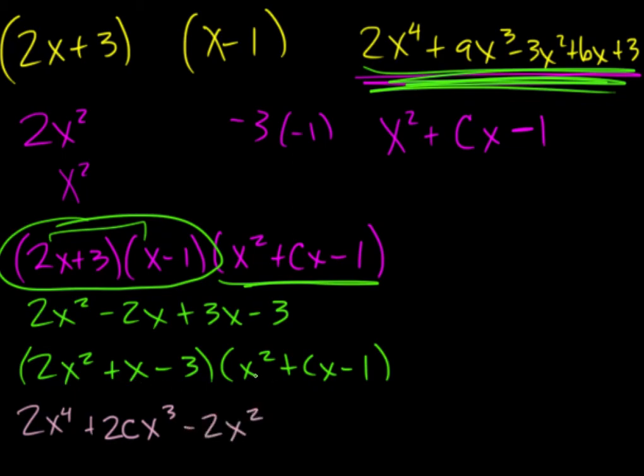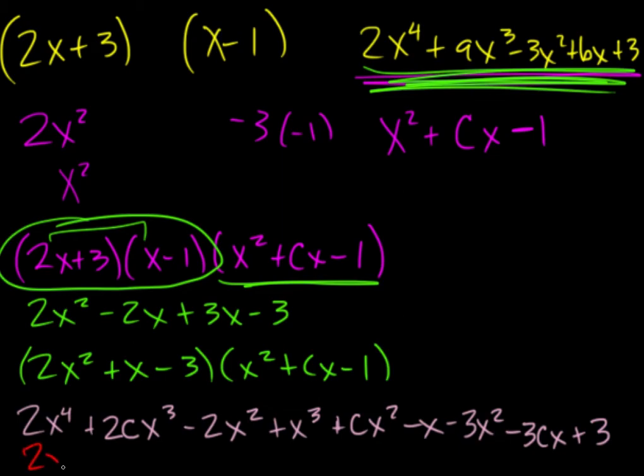Now multiply everything by x: x cubed plus cx squared minus x. Now multiply everything by negative 3: negative 3x squared minus 3cx plus 3.